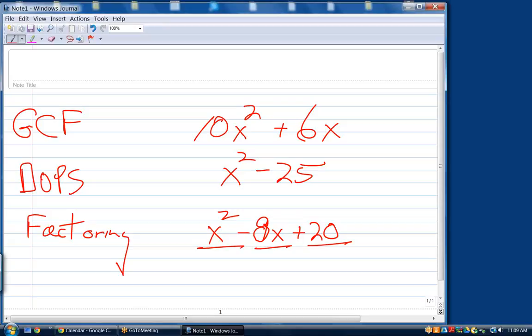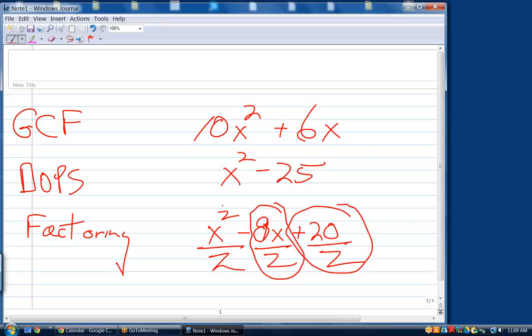You were probably thinking 2, because 2 divides into that term and 2 divides into that term evenly, but 2 does not divide into that term evenly. In other words, I end up with 1/2 x squared.